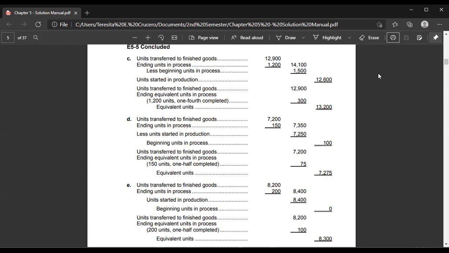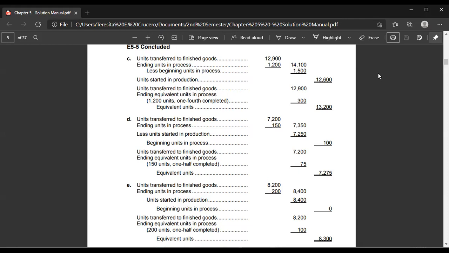That's the number of units accounted for. Then you deduct 7,250, the difference, 100 units. That's your beginning inventory. So now to check, you are given your beginning inventory, 100 units, add 7,250.